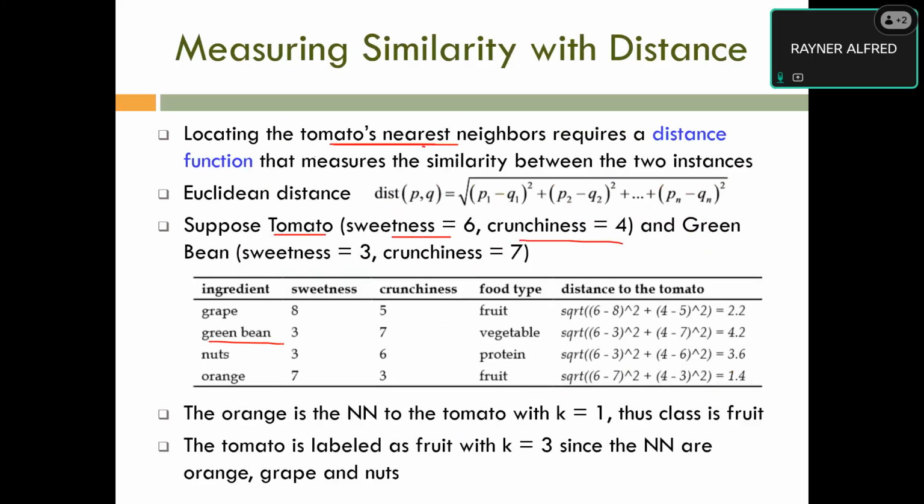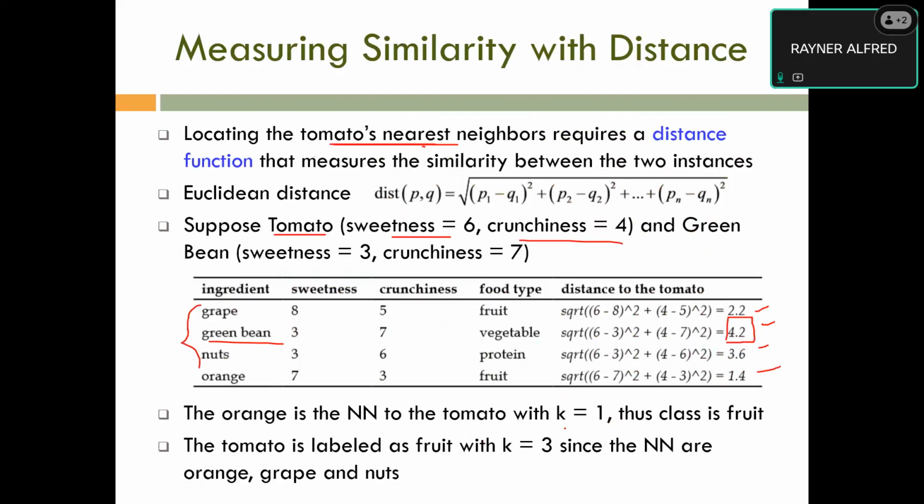So we take the value, which is 4.2. But we need to compute for the rest of them. So this is the distance that we have.